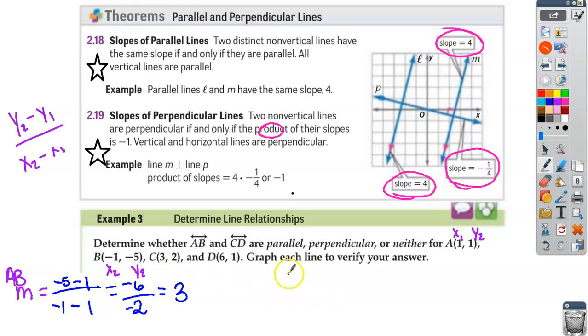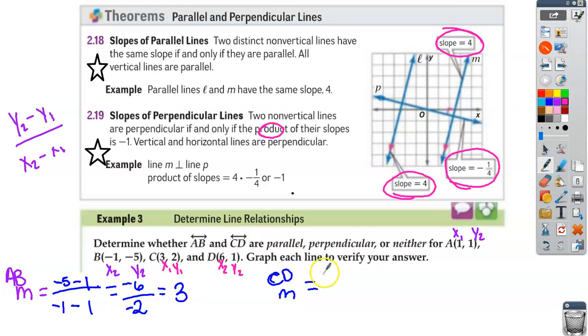Now we need the slope of CD. I'm going to call it m again. Following the same equation, I've got x1, y1, x2, y2.